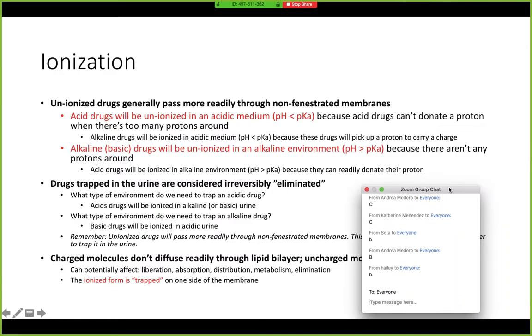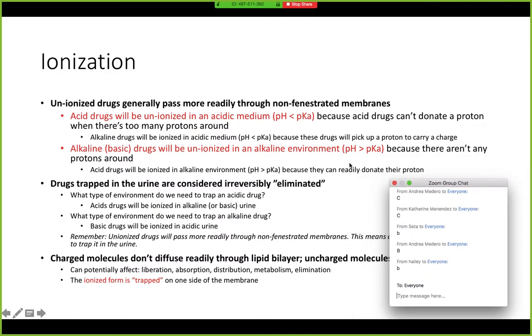Unionized drugs generally pass more readily through non-fenestrated membranes. If you have an acidic drug, it's going to be unionized in an acidic medium because acid drugs can't donate a proton when there's already too many protons around. So if you're in an acidic medium, you already have plenty of protons around, and your acid is not going to give up any more protons.